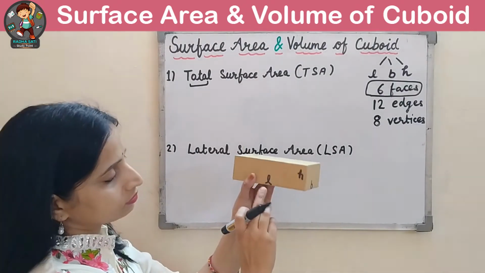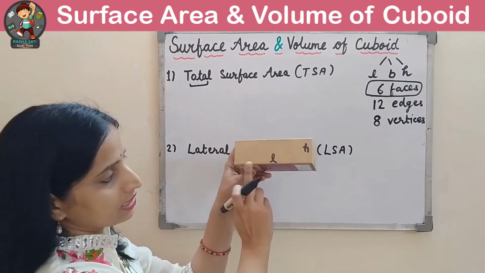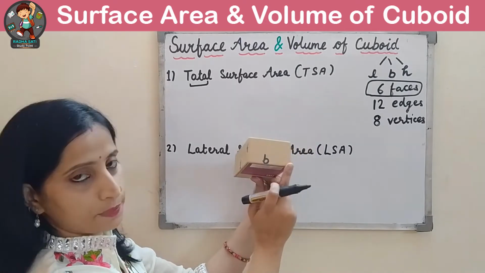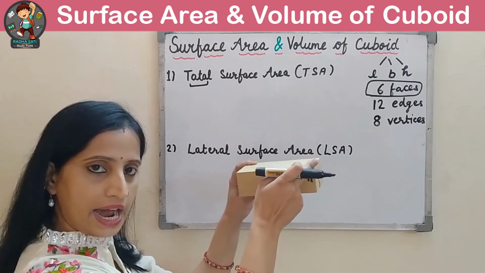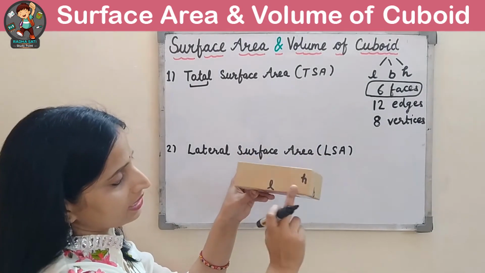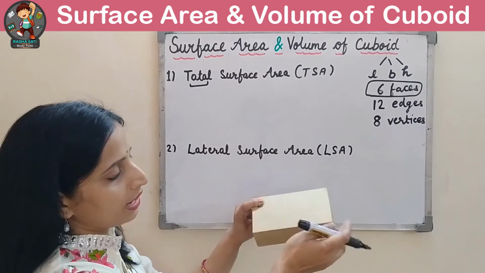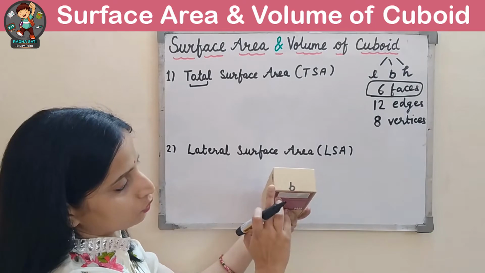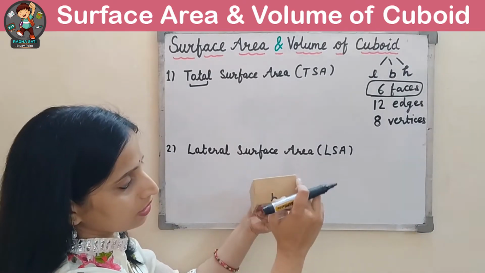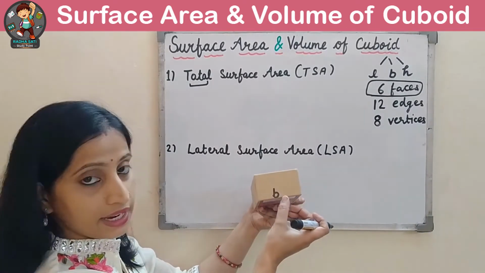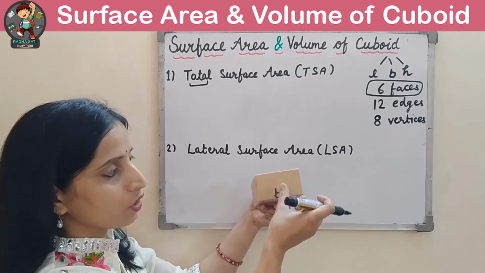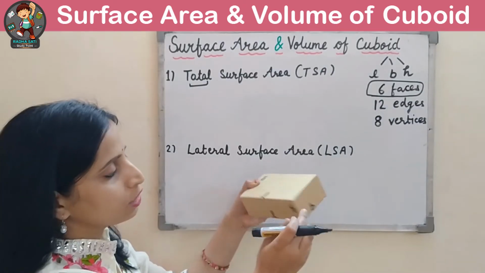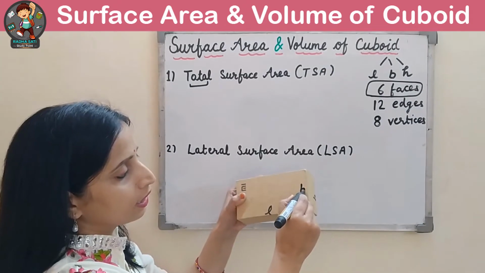First of all, in this cuboid, this is the length, this one is breadth and this one is height. So if this one is L, this will also be L, length, and this one is breadth. This is a rectangular face and in a rectangle opposite sides are always equal. So if this is B, this will also be B.